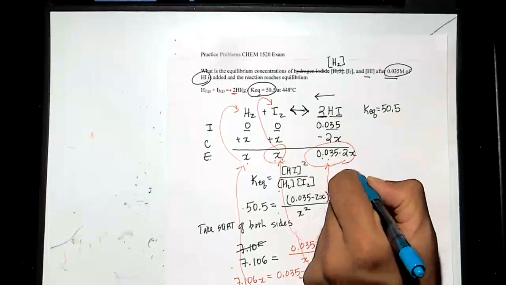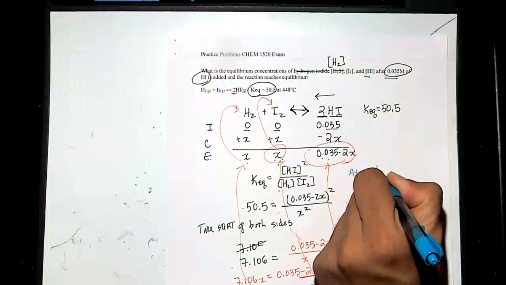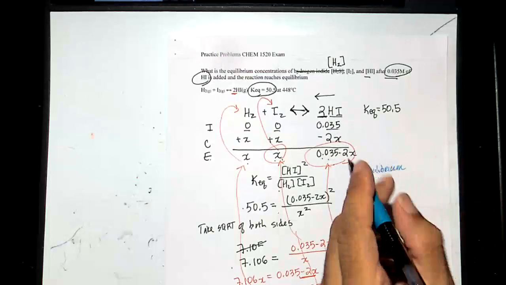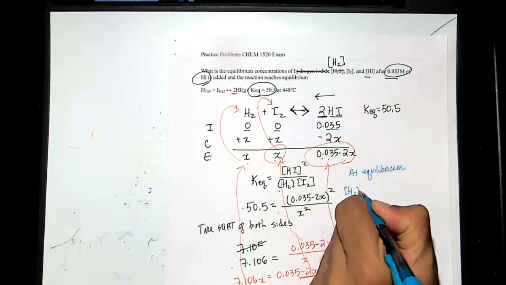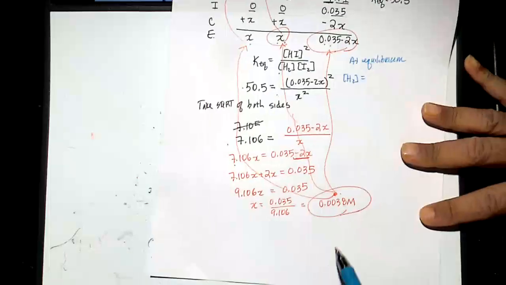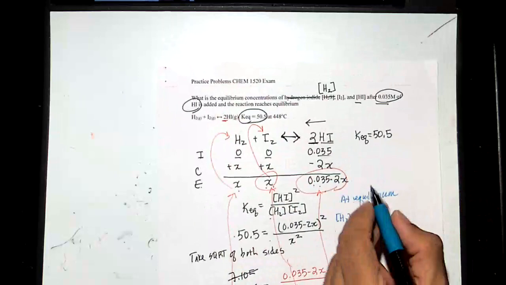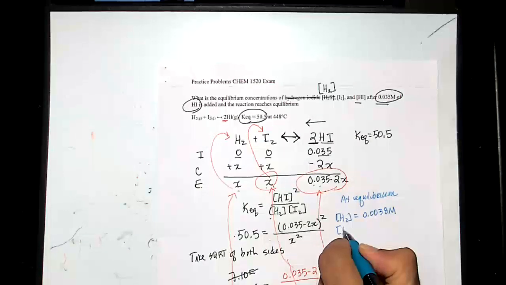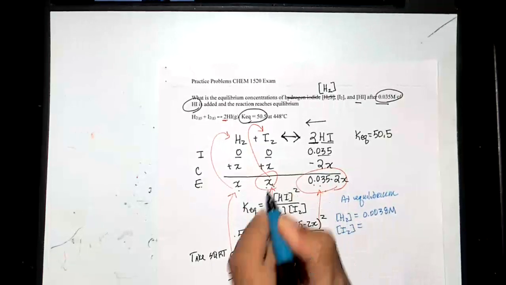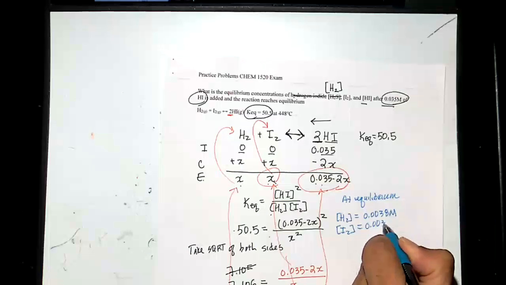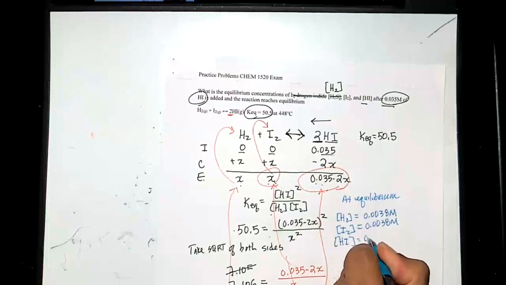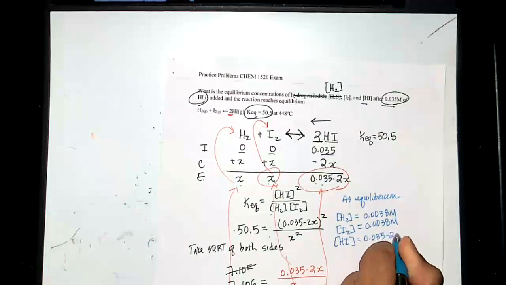So finally, we will write as our final answer: at equilibrium, when this reaction is all settled, the concentration of H2 is x, which we got as 0.0038 molar. The concentration of I2, which is x, is 0.0038 molar. And the concentration of HI is 0.035 minus 2x.